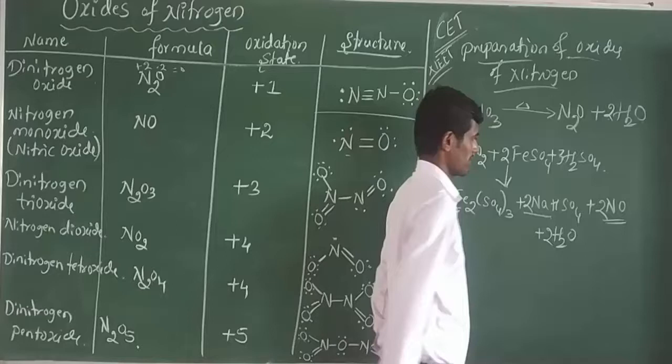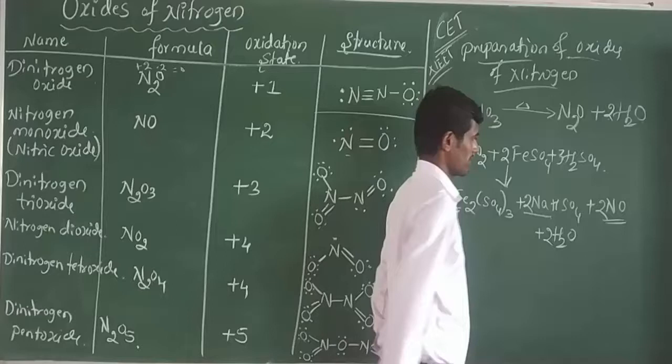When nitric oxide is treated with dinitrogen tetroxide, remember, we get the product N2O3. This reaction takes place at 250 degrees Celsius temperature. Yes, but it is not balanced now.